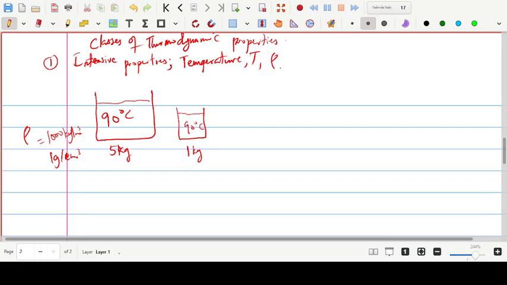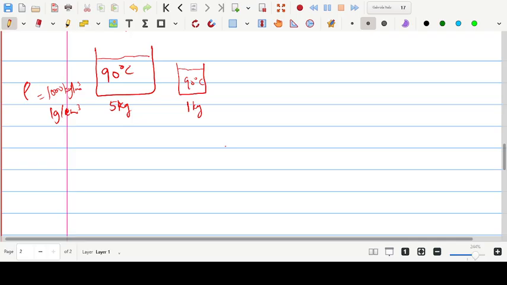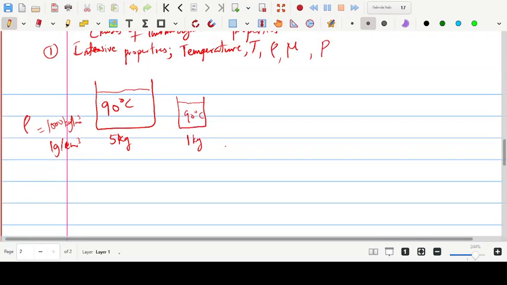Kinematic viscosity is also an intensive property. You also have pressure as an intensive property. I hope my explanation is clear. So intensive properties are point functions, that's one, and they are independent of mass.